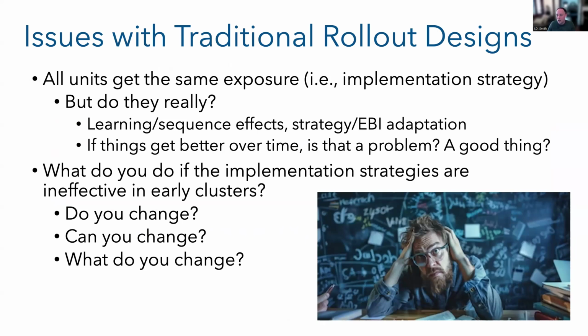You can't be changing your implementation strategy between clusters and combining the data to say that a specific strategy was related to the effect. That would violate several assumptions of these trials, as well as your ability to infer what caused the effect that's observed.